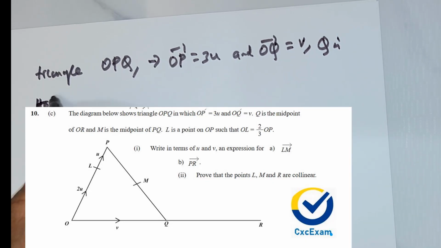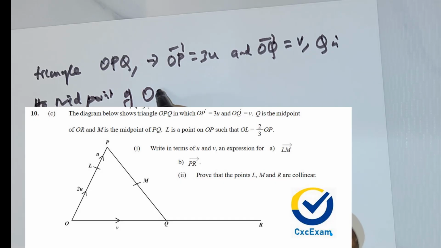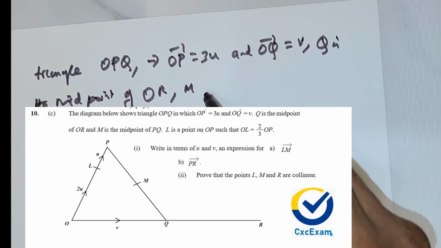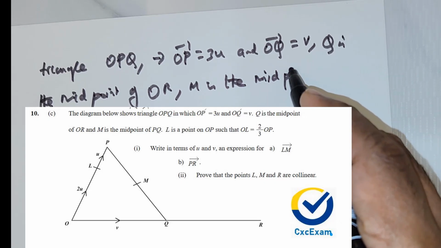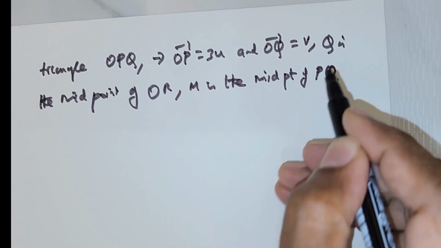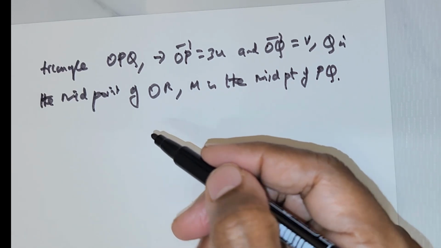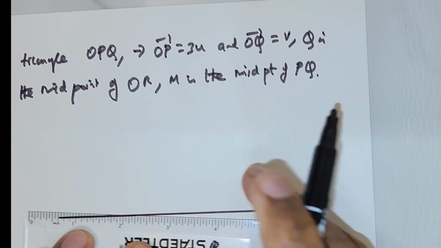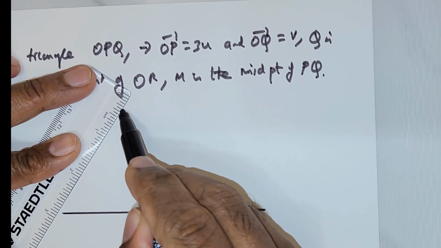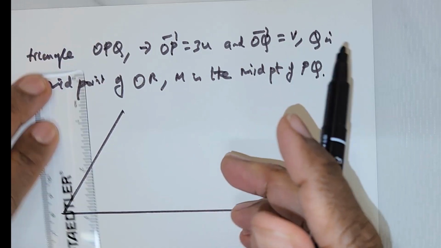Q is the midpoint of OR and M is the midpoint of PQ. So let me draw the diagram. Okay, so we have the triangle like this.